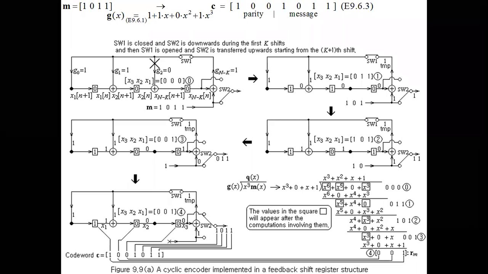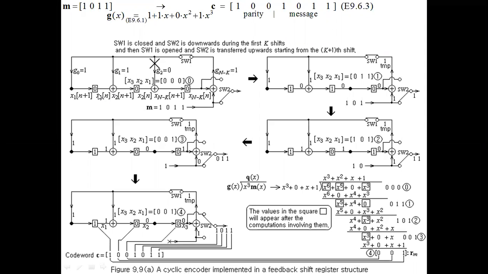The circuit is visible above. In the circuit, there are modulo 2 adders and shift registers. There are 3 modulo 2 adders and 3 shift registers. First of all, please draw the circuit. First there is a modulo 2 adder.